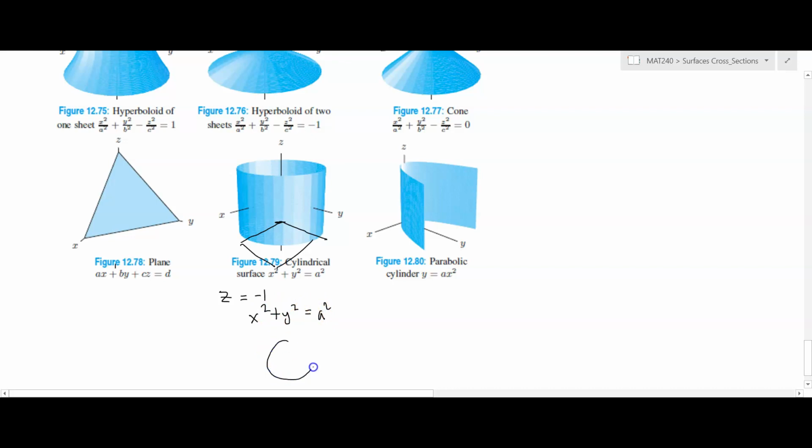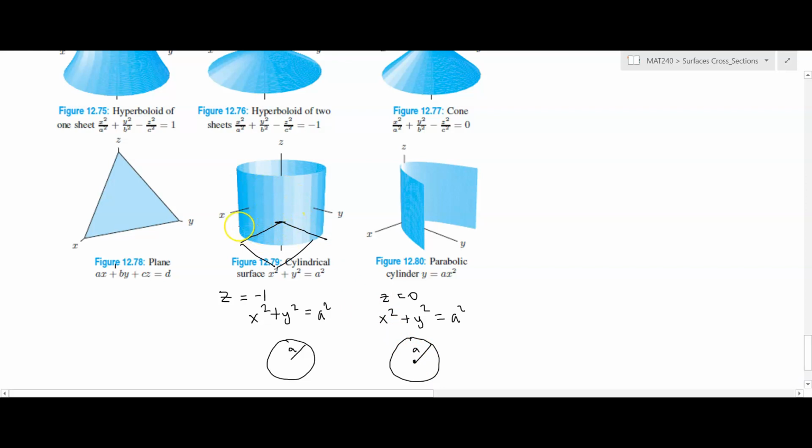So I'll see a circle of radius a. Now when z is equal to 0, z does not come into play in this equation, so the equation is still x squared plus y squared equals a squared, which means I have a circle of radius a. So regardless of what value of z I'm at, I am going to get the exact same circle.